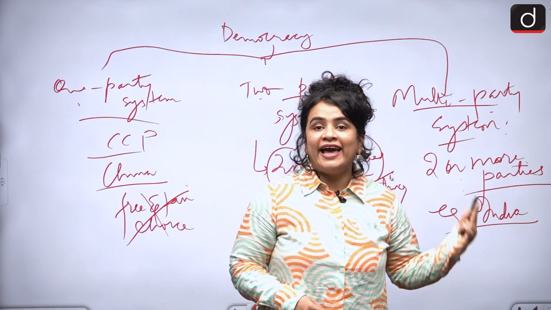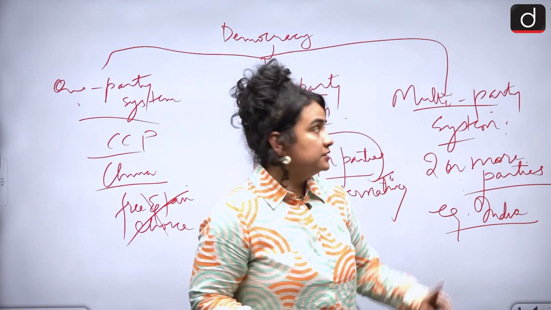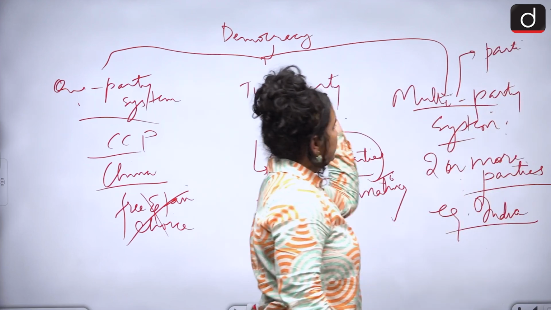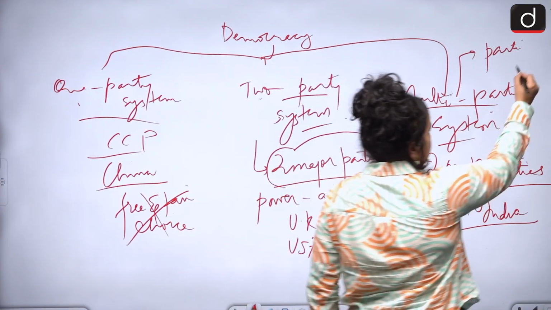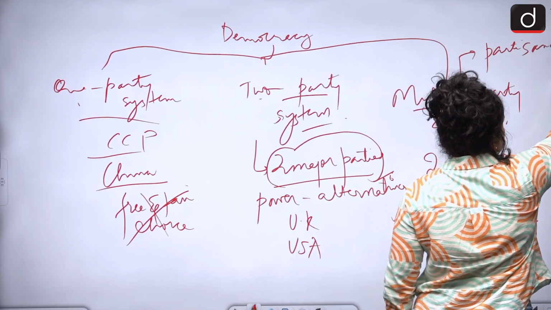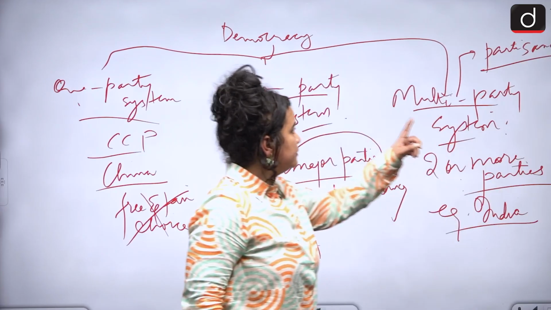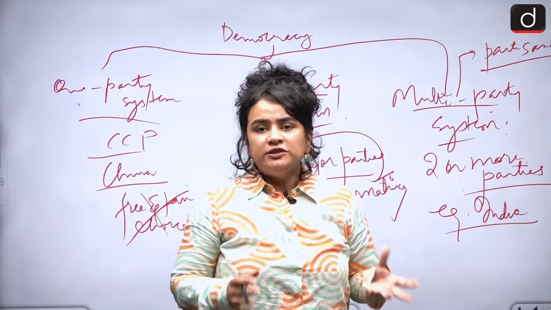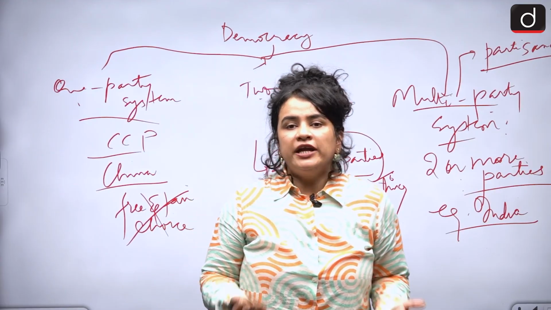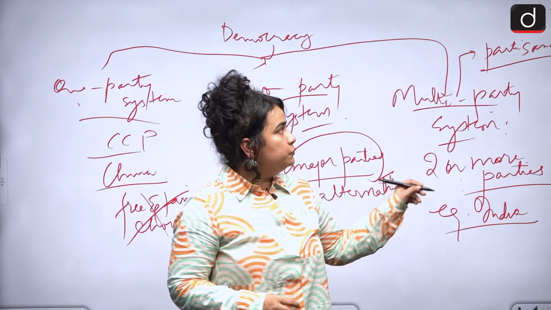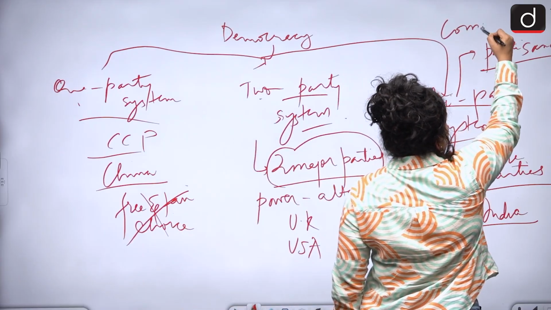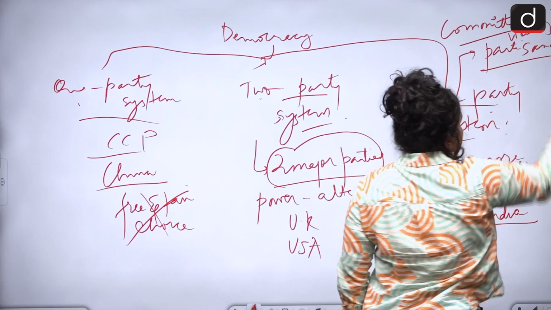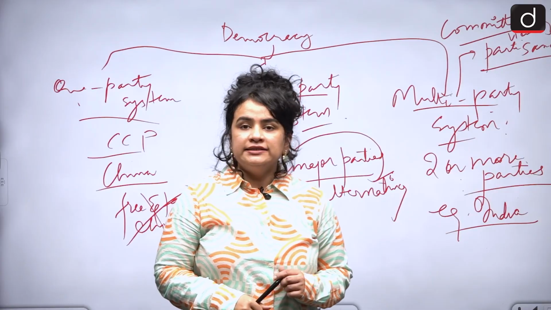But there are two caveats, two points that may be considered. One, it promotes, and this happens even in a two-party system, a sense of partisanship. Wherever more than one political party is involved, there will be a sense of partisanship, which means that people, the general voters as well as the members, are going to be committed to one view and will not be able to take a balanced view on any subject matter.